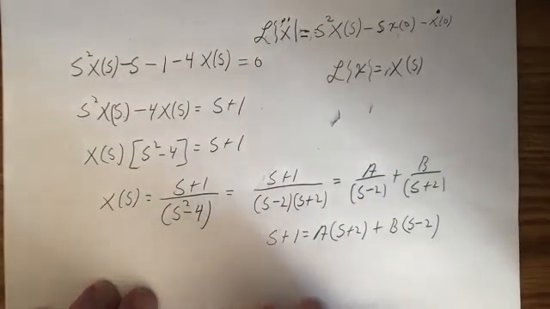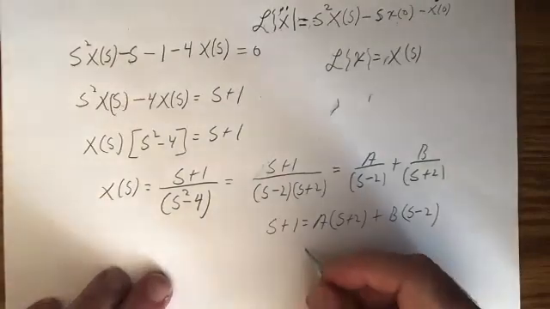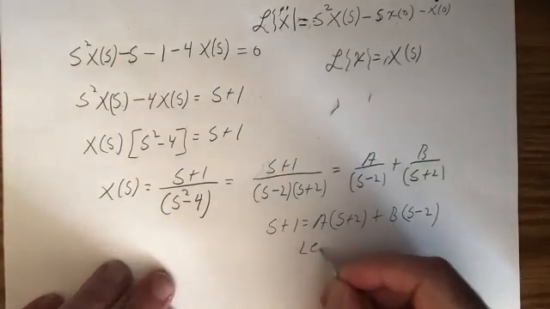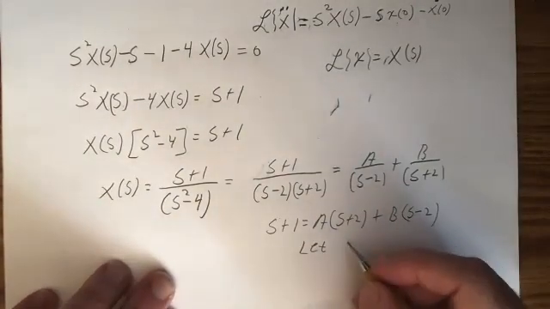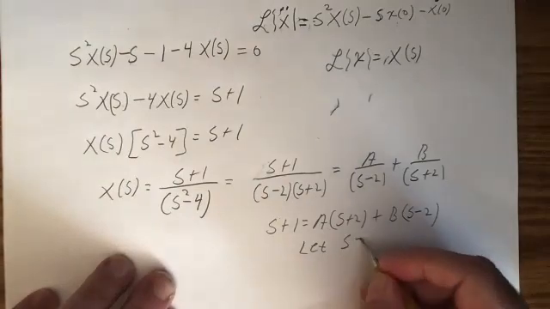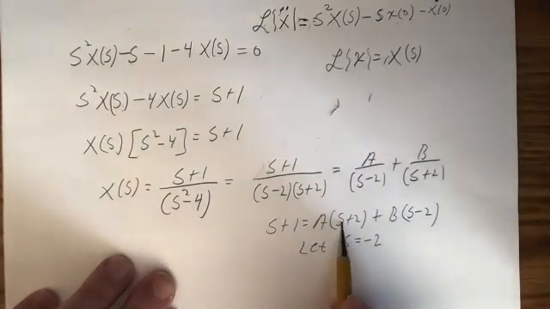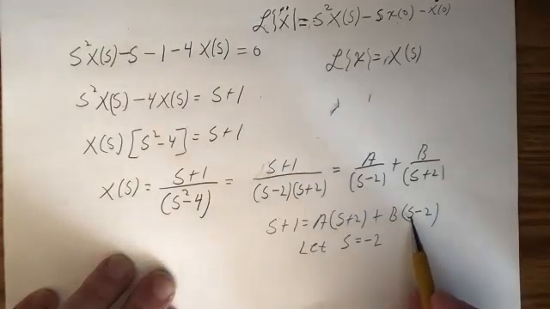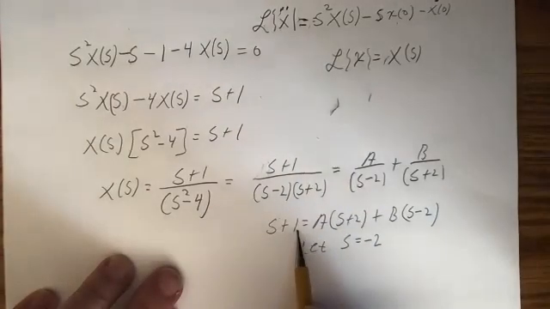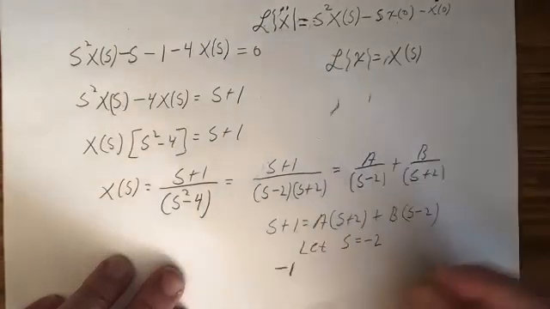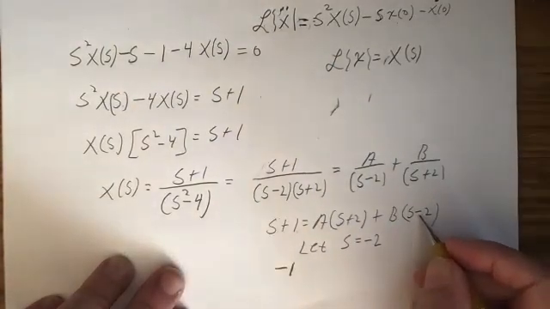The easiest way to do this is to let s equal negative 2. Then this is 0, and this is going to be negative 1, and this here is going to be negative 4.